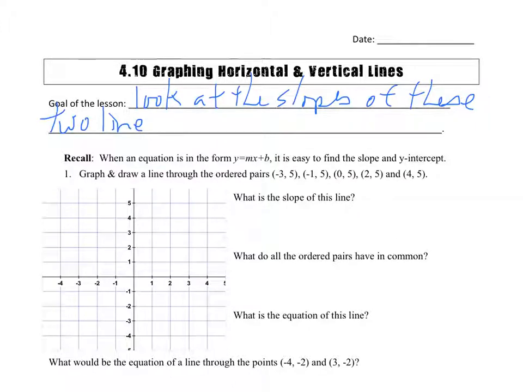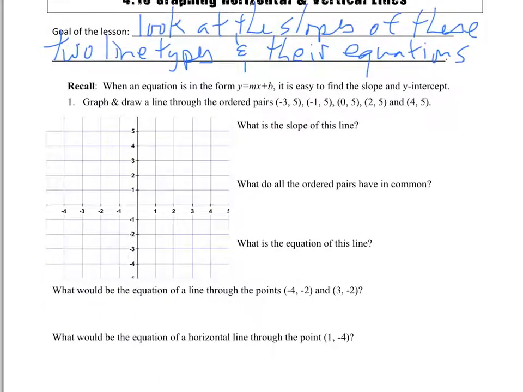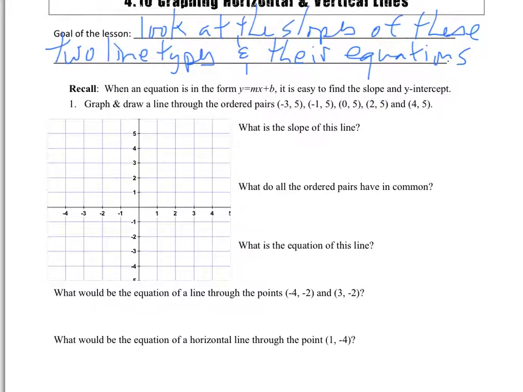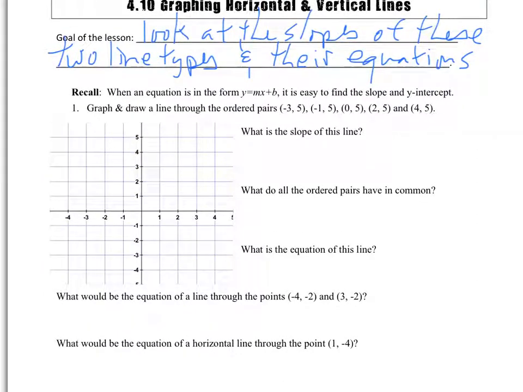So look at the slopes of these two line types and their equations. While we're doing this, when the equation is in the form y equals mx plus b, it is easy to find the slope and the y-intercept.